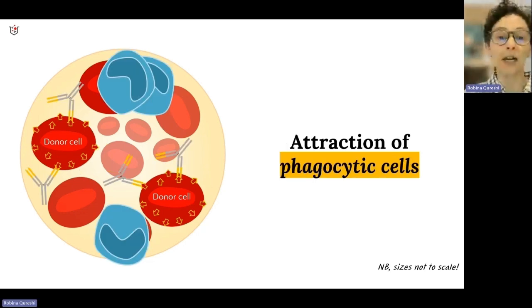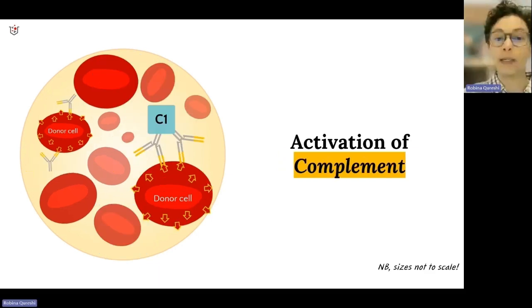The first is attraction of phagocytic cells, so typically monocytes and macrophages, and this will result in membrane damage, leading to spherocytosis, and we can get premature red cell recycling. The second one is complement activation.